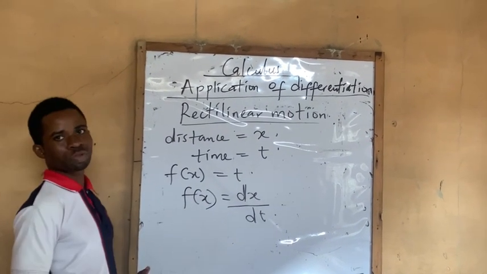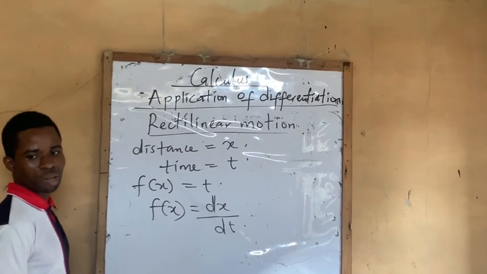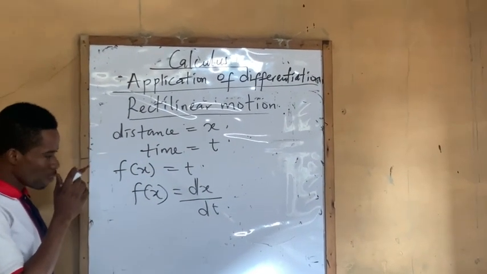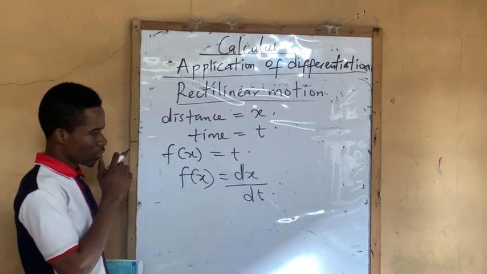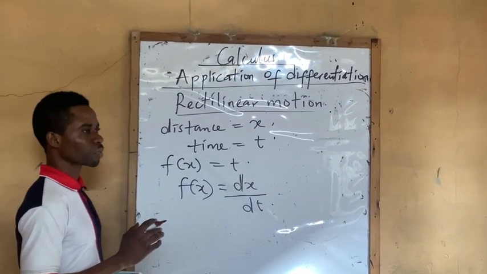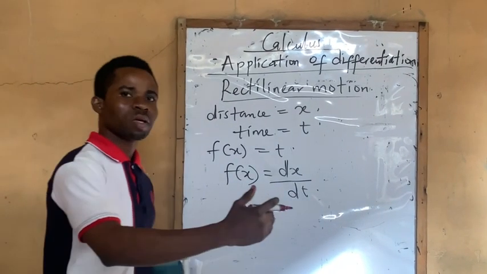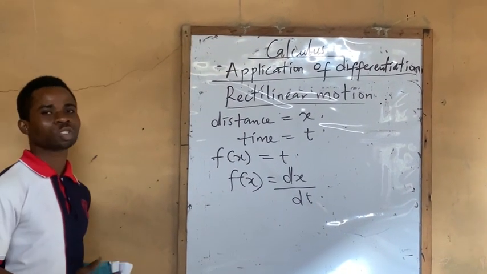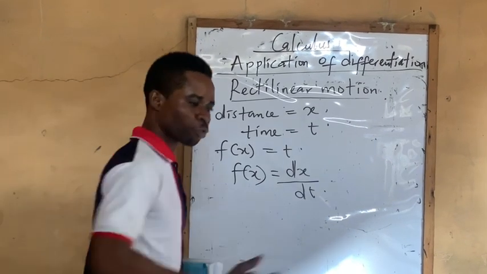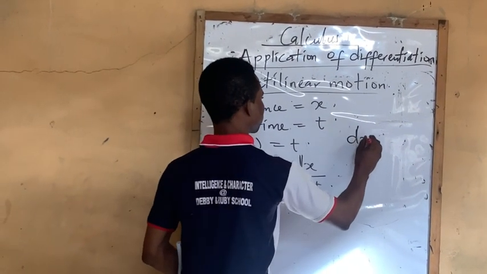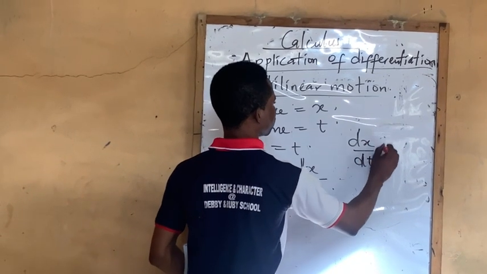But there are rules pertaining to this. If an object is moving away from rest, dx/dt is greater than 0.